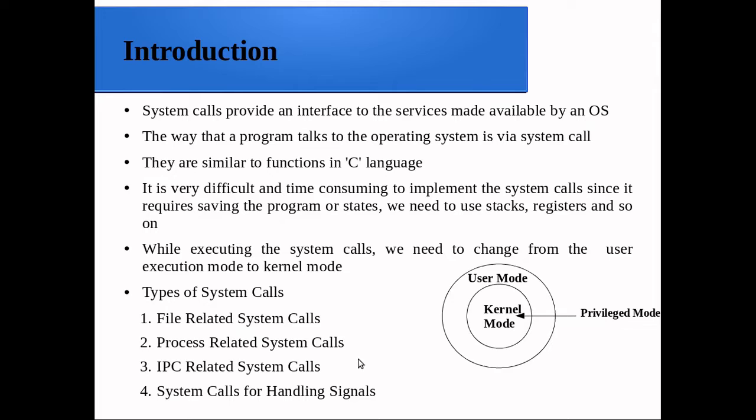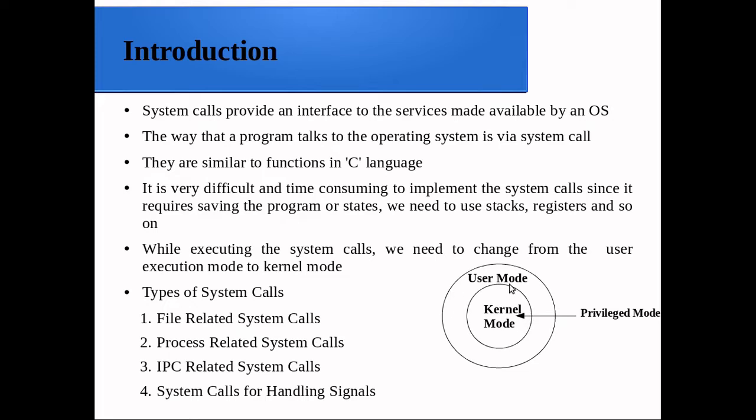So if a program is running in kernel mode, then it is in privileged mode because that program has all the privileges to access all the system resources. But the problem is that if a program is running in kernel mode and happens to crash, then the entire system will crash.